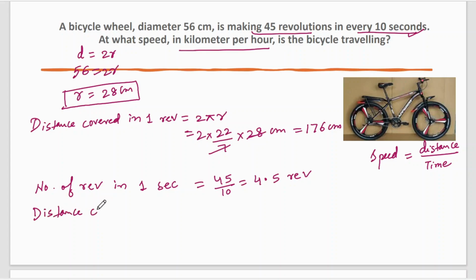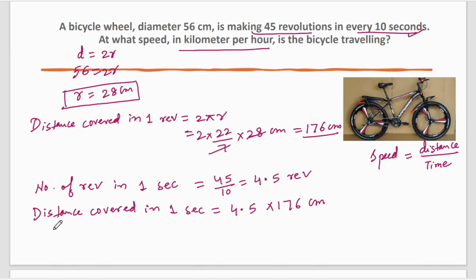Distance covered in 1 second. So how many revolutions are they making? They are making 4.5 revolutions, and in one revolution they are covering 176 centimeter. So in 4.5 revolutions they will cover 4.5 into 176 centimeter. This much distance they will cover in 1 second.